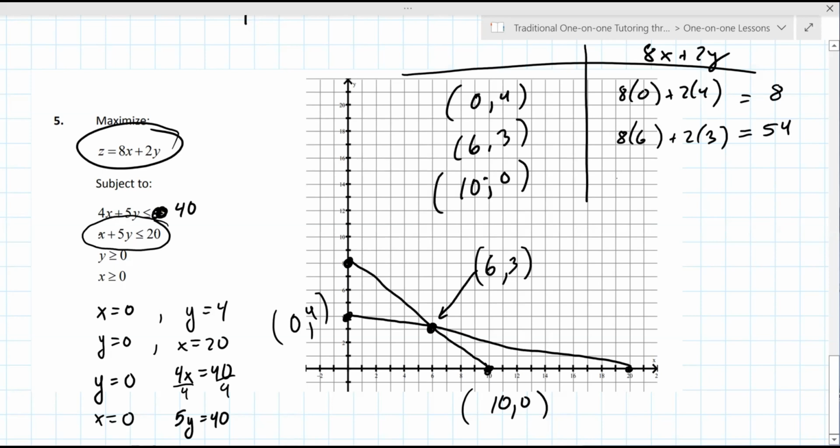The last one though is 8 times 10 plus 2 times 0. 8 times 10, 80 plus 2. 82. It is 80 because 2 times 0 is 0.